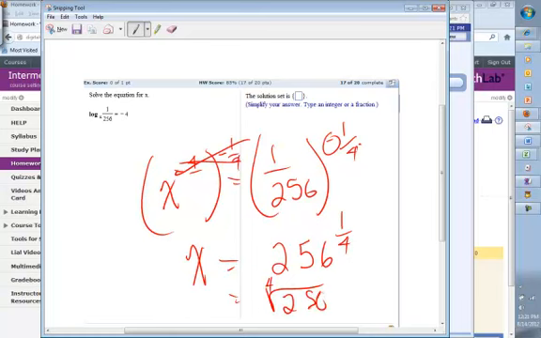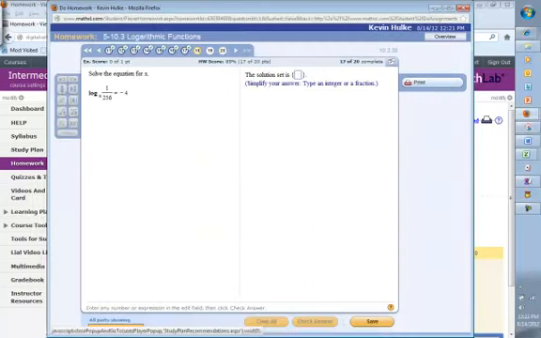We can press that on our calculator: shift 4th root of 256 is 4.